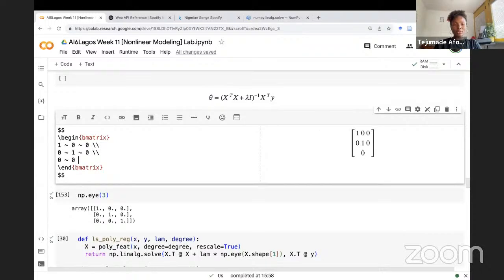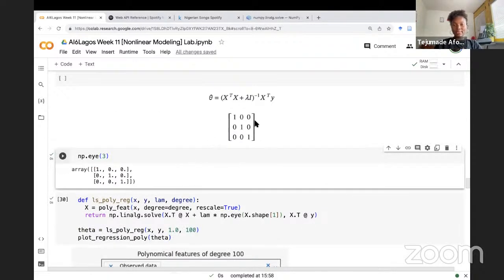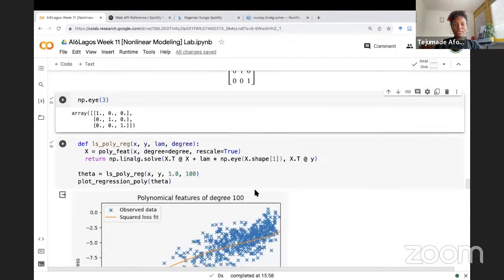There's probably a better way to do this, it doesn't look the nicest. Let's space it out a bit more so it looks nice. So this is an identity matrix, right? Is that correct? Yeah, great.